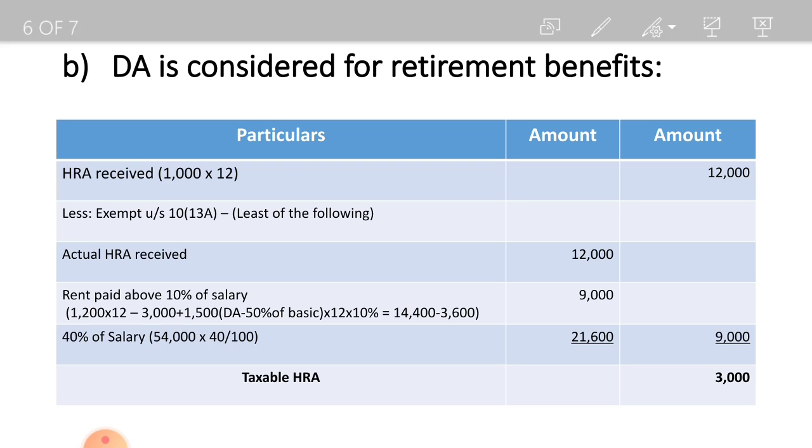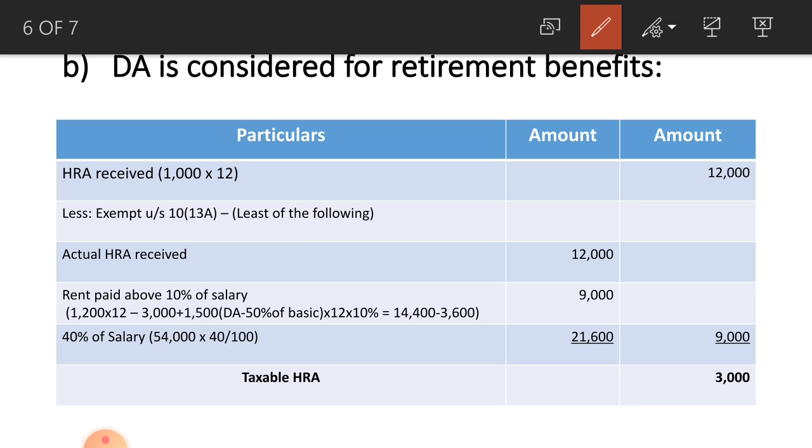So the amount of salary, that is 10% of salary, amounts to rupees 5,400. Make this correction, this is 5,400. When you deduct this 5,400 from 14,400, you get 9,000, that is rent paid over 10% of salary.